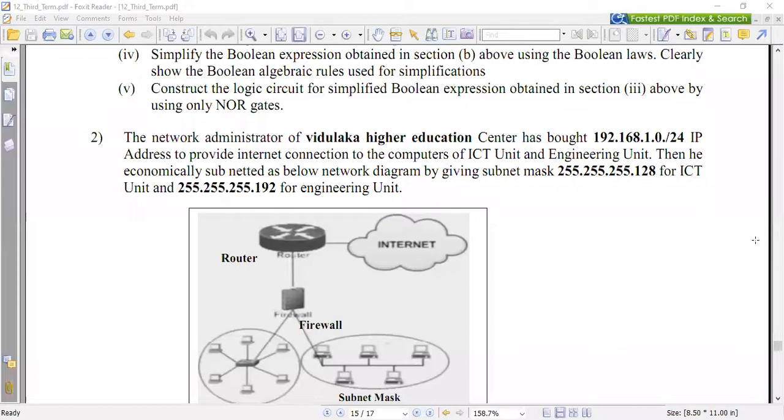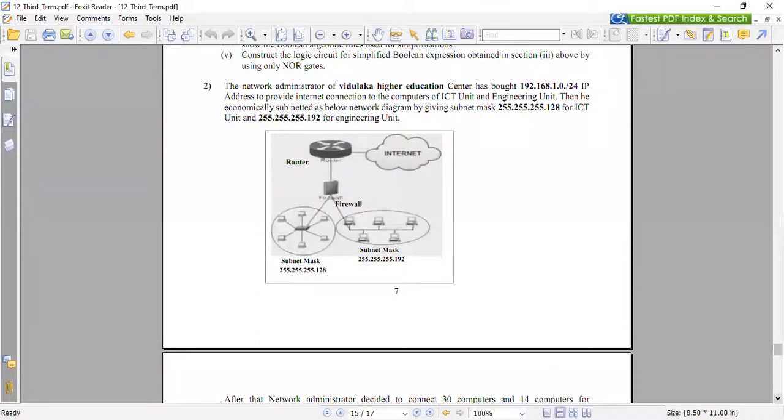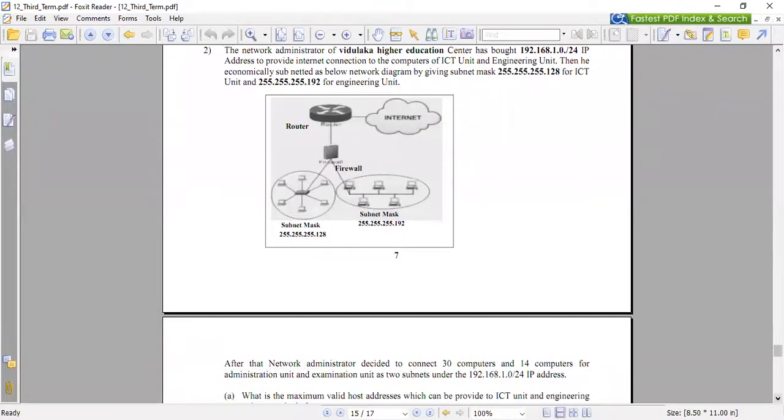I will make it small. Read it and get a scratch of that.